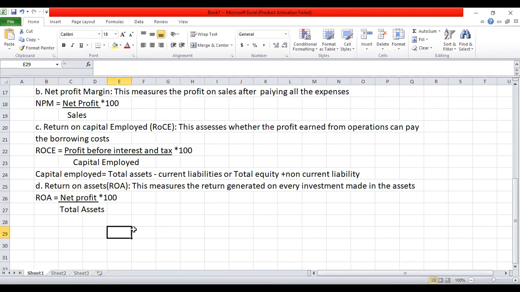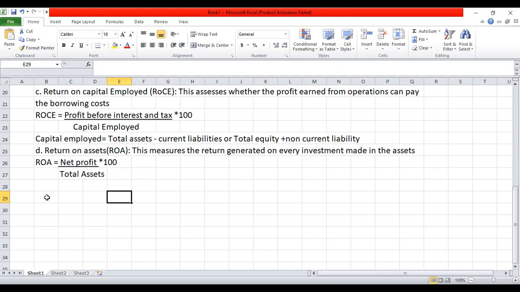So that is the return on capital employed. Then we also have what is called the return on equity.